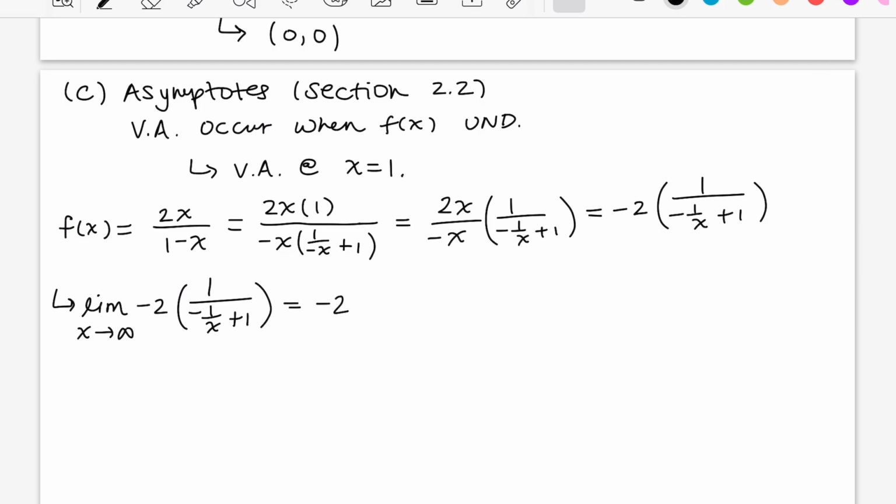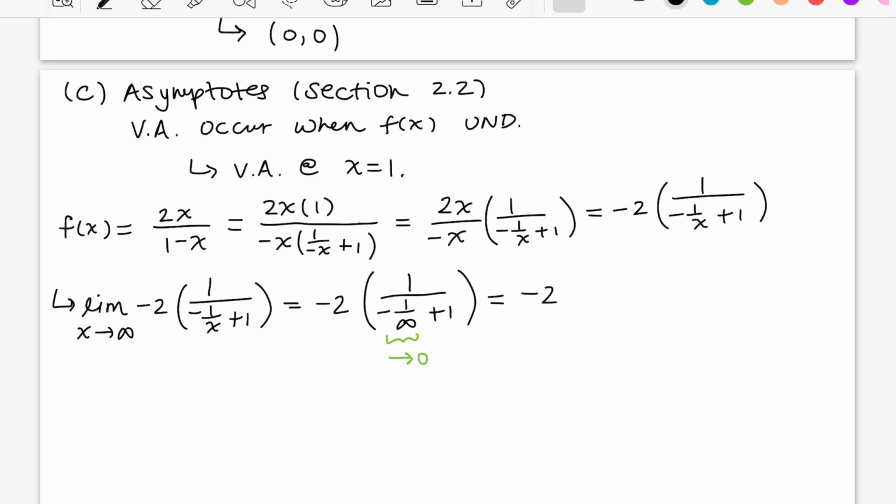So what we'll get here is negative 2 stays there, and we'll have 1 over this here. Now remember, if we have a fraction of this form, as the denominator gets bigger and bigger, this whole thing is going to get smaller and smaller. So this guy is getting closer and closer to 0.